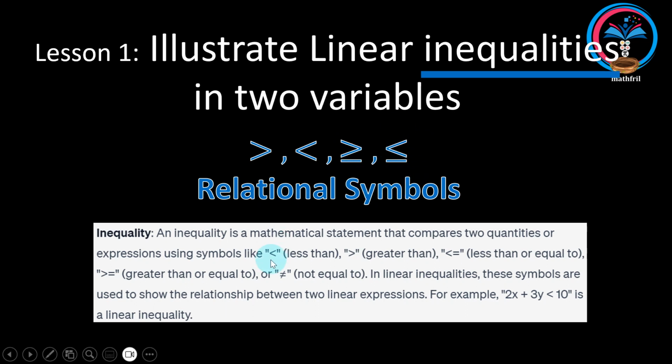And sometimes we can see the not equal symbol in the inequalities. And we have to show the relationship, that's why the name is relational symbols. For example, 2x plus 3y less than 10 is a linear inequality.